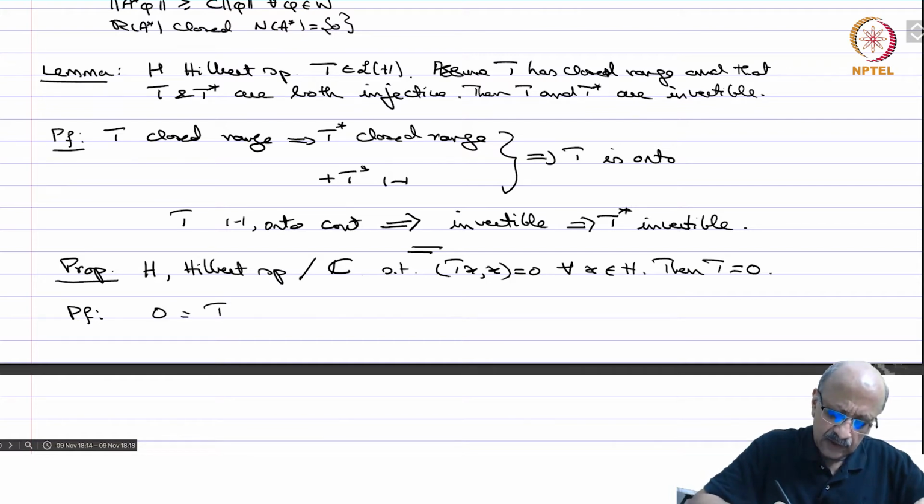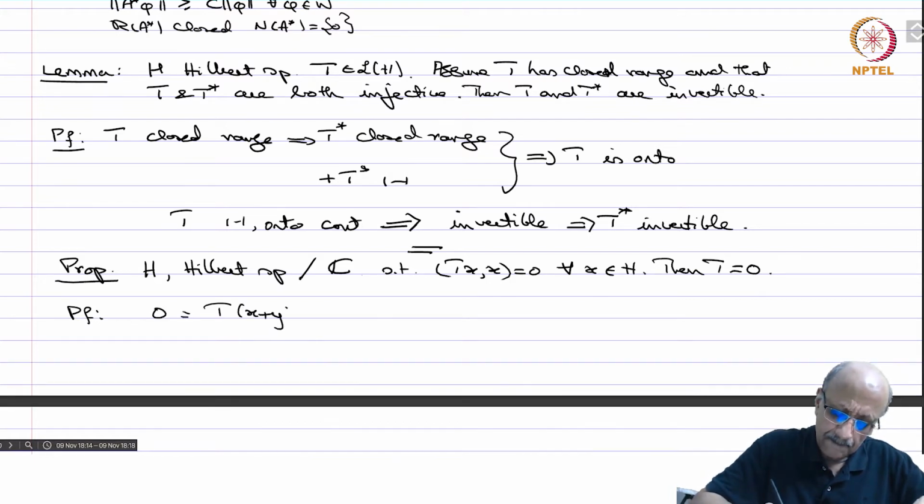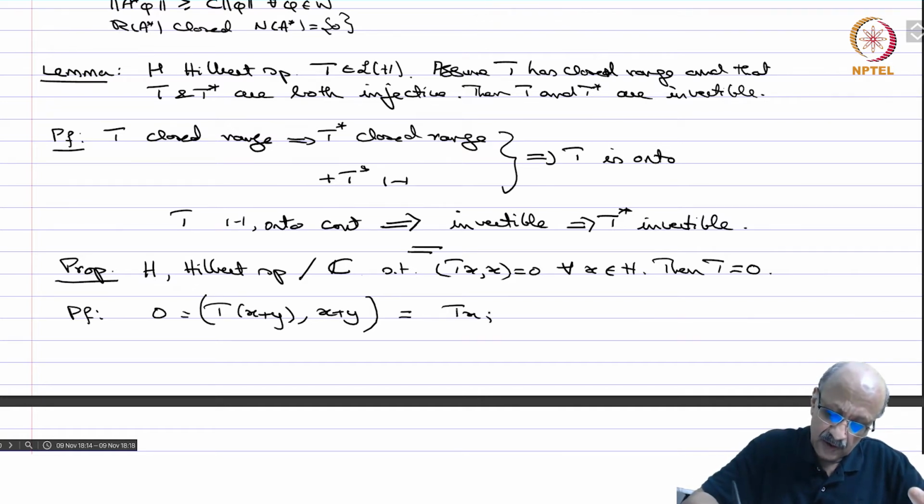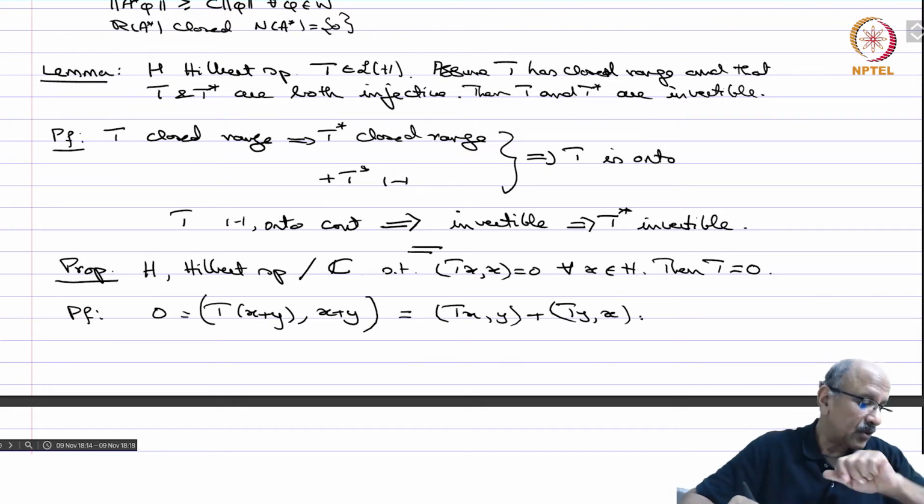0 equals <T(x+y), x+y>, because for all vectors this is 0. So that means <Tx,x> is 0, <Ty,y> that's also 0. So you have <Tx,y> plus <Ty,x>, that's equal to 0.